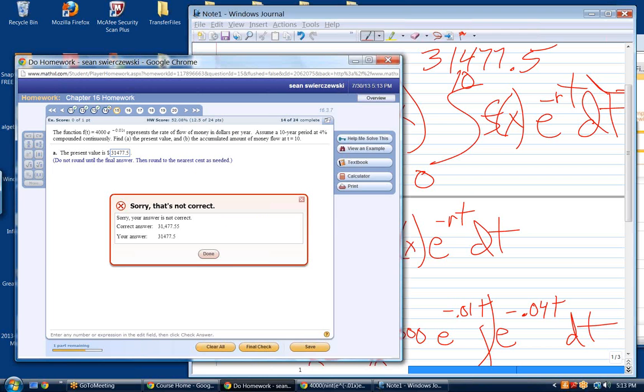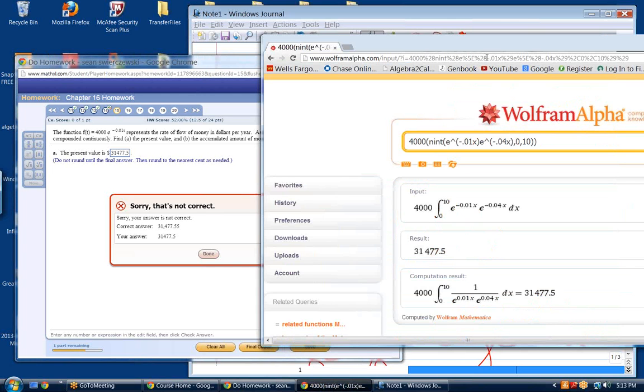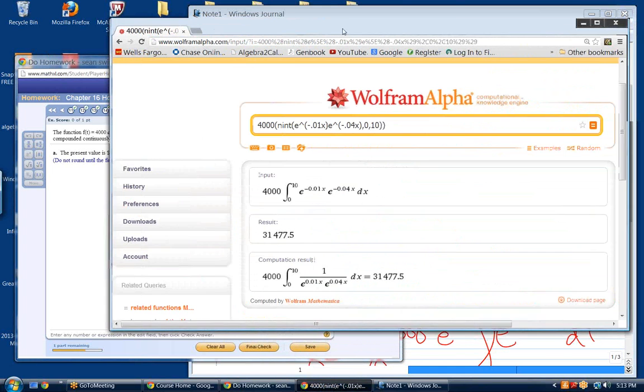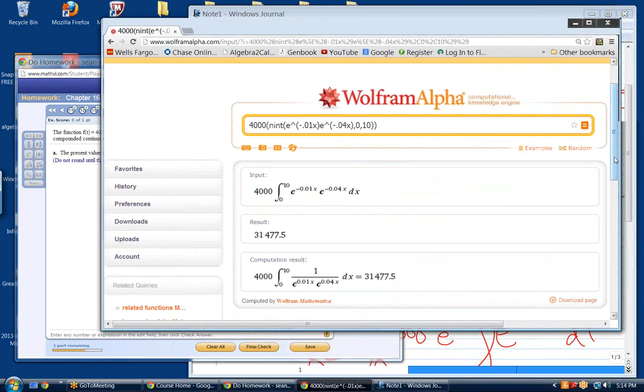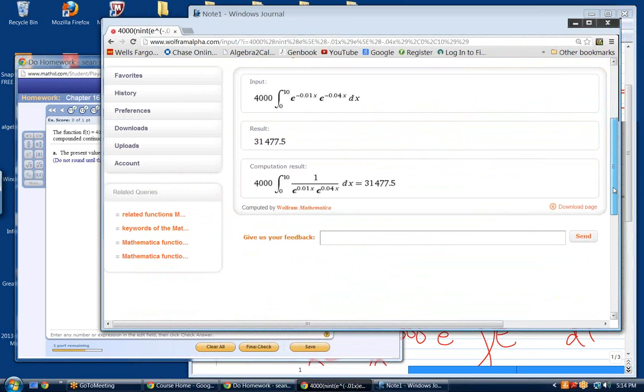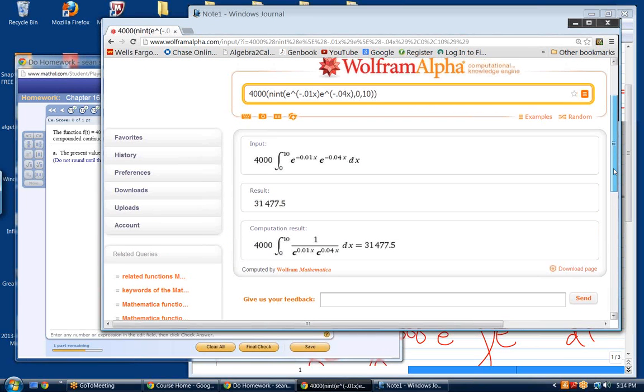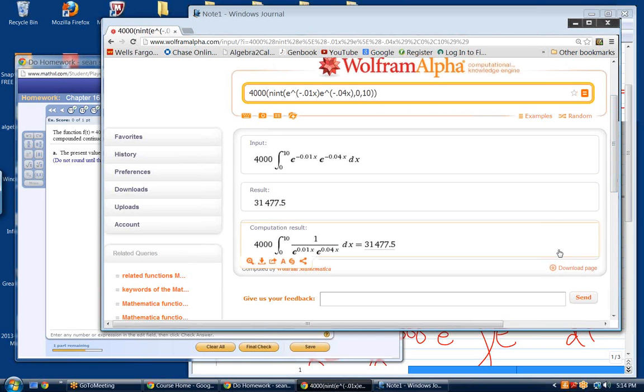Oh, come on. Are you kidding me? Wolfram Alpha didn't give me it to 2 decimal places. Oh, jeez. Let's go back and look at that, why they didn't. How can that be? Wow. I guess I'm going to have to improve my Wolfram Alpha. That's crazy.